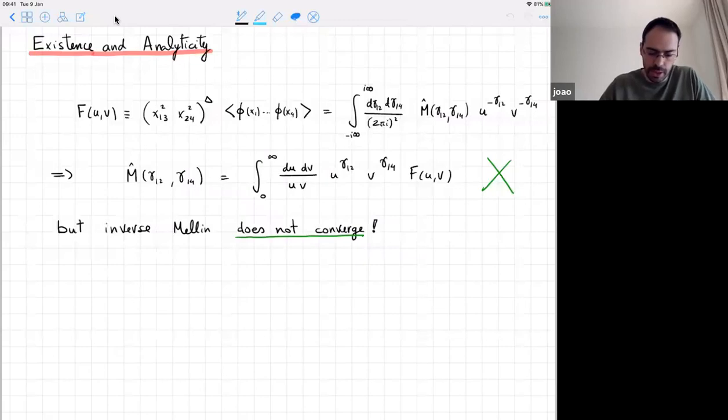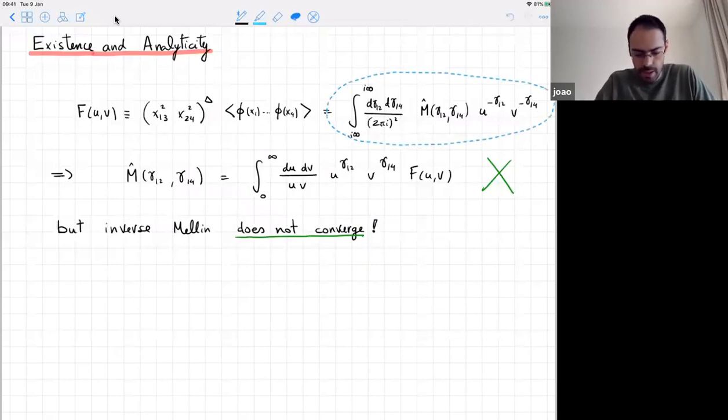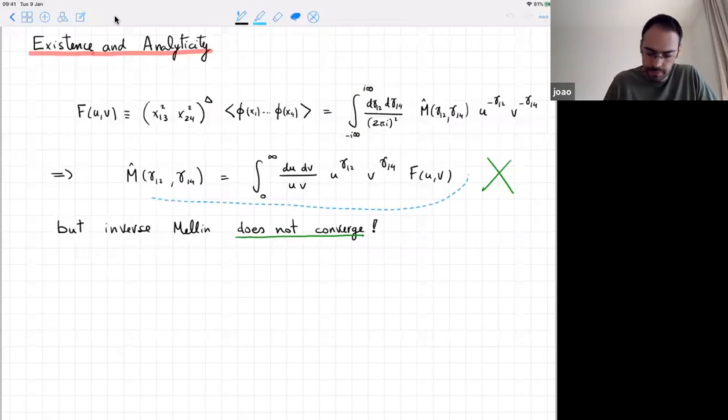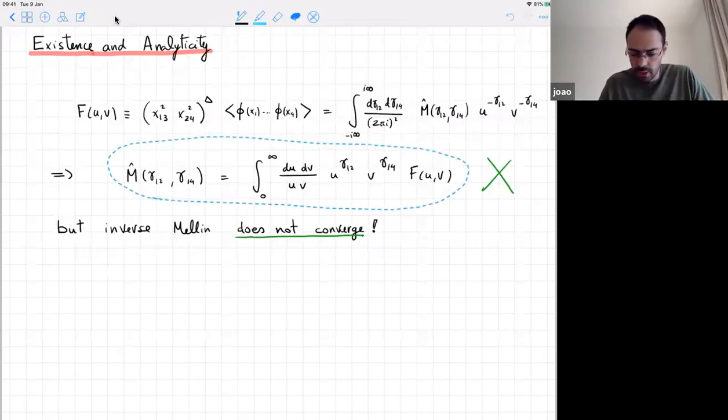The idea is that we would like to write a representation like that for, let's say, this function of cross ratios u and v. And you can go to Wikipedia and find an inverse Mellin transform, you learn that this is the integral you should compute. So you should take your function of cross ratios u and v and integrate from 0 to infinity times some powers. And that should be the Mellin amplitude.